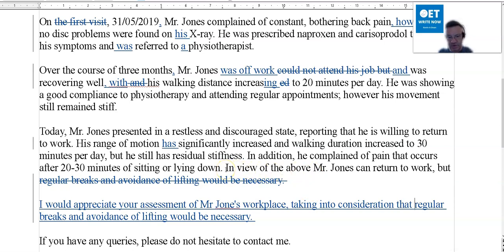So Mr. Jones presents, the range of motion increased, complained the pain is down. In view of the above, Mr. Jones can return to work, depending on your assessment, you know.